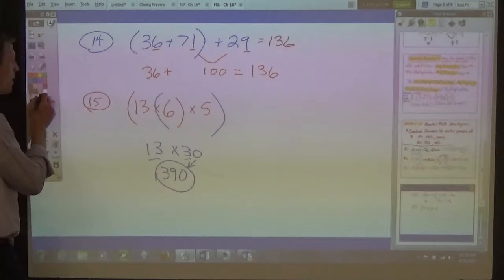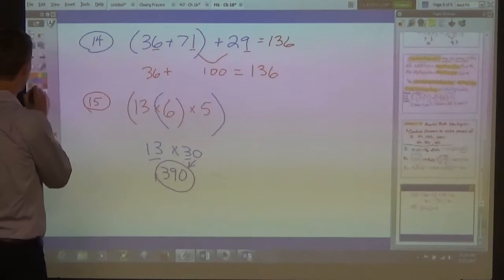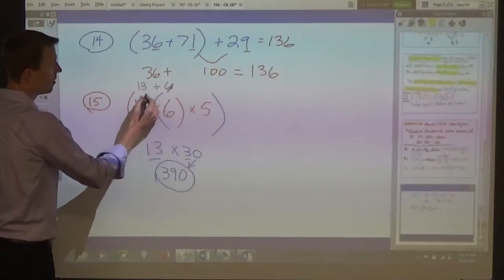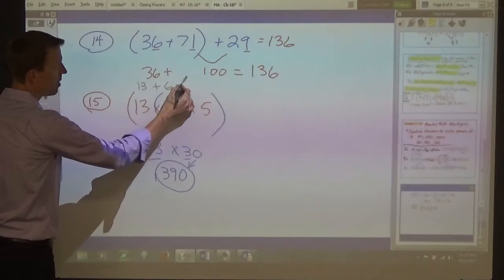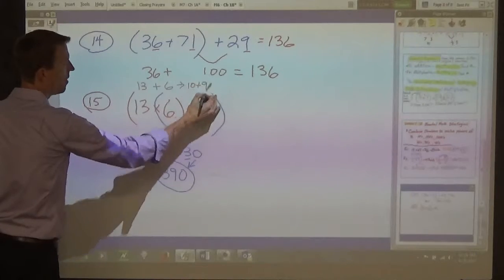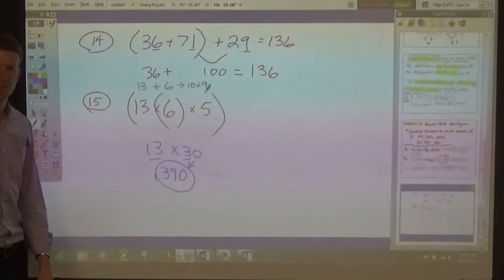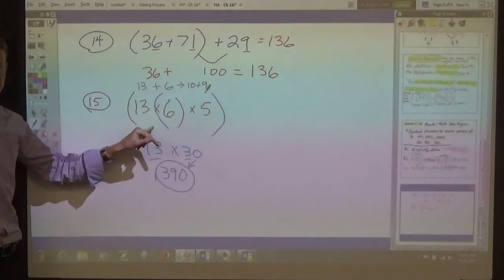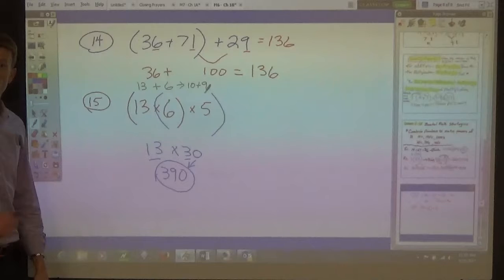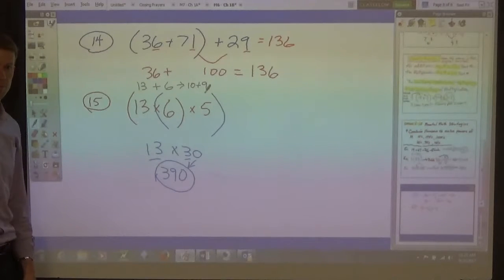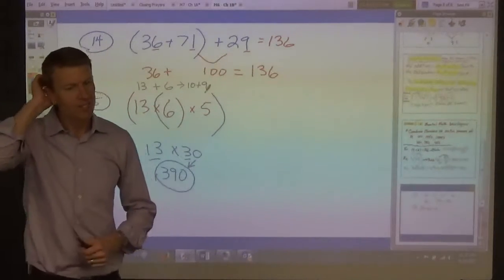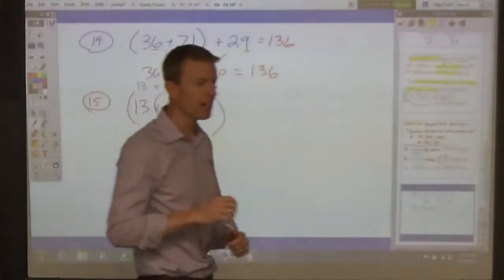Oh, well, what you're thinking of is 13 plus 6. And you mean change that to 10 plus 9? Yeah. Except we are doing 13 times 6. So that doesn't work in this case. I thought it would work because it would work for plus. If you're doing plus, that would work. Yep. You just missed the times sign. Okay?